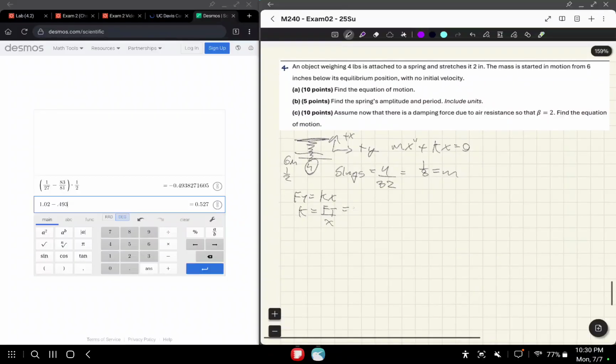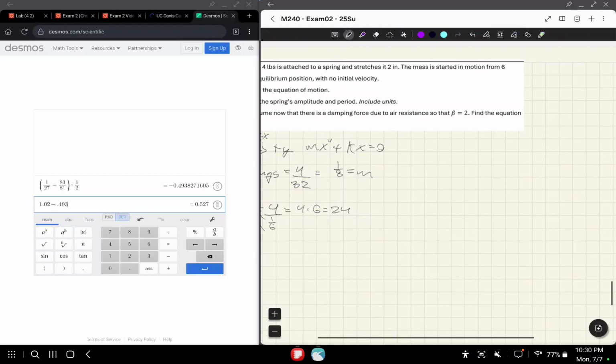This will be 4 over 2 inches, which is 1/6 of a foot. Bring this up: 4 times 6 equals 24. That is our spring constant, our resistance.